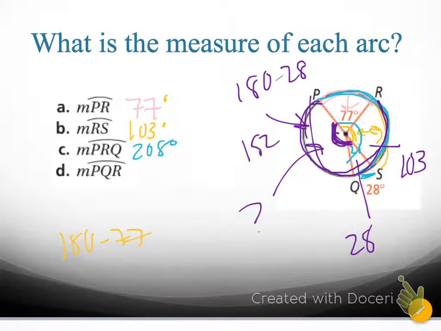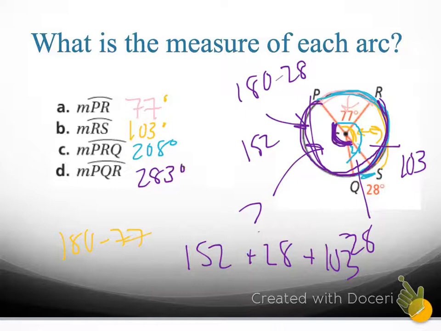Now we have to find that full purple length. So I take 152 plus 28 plus 103, and I get 283.